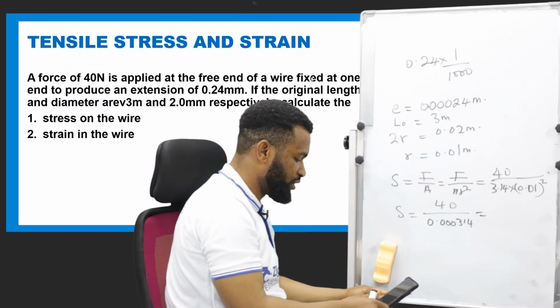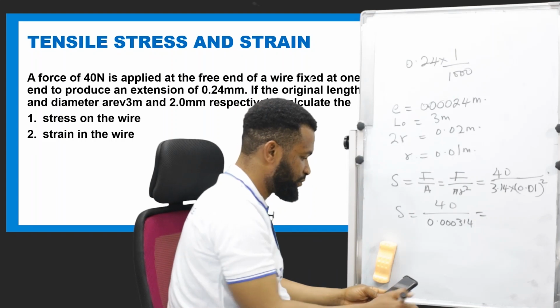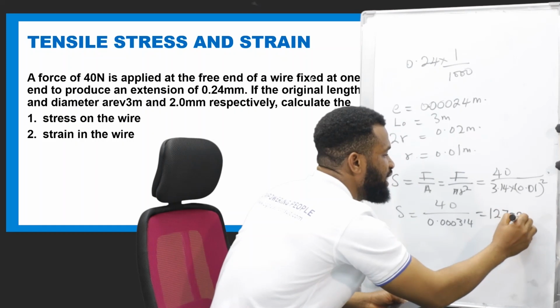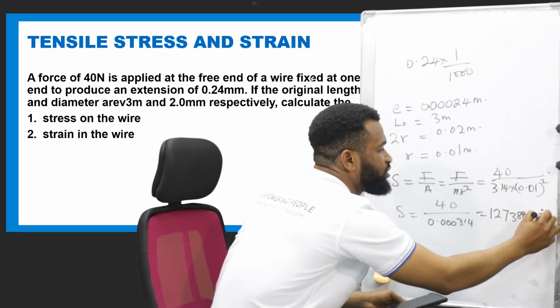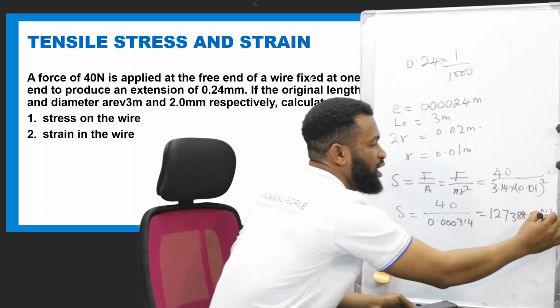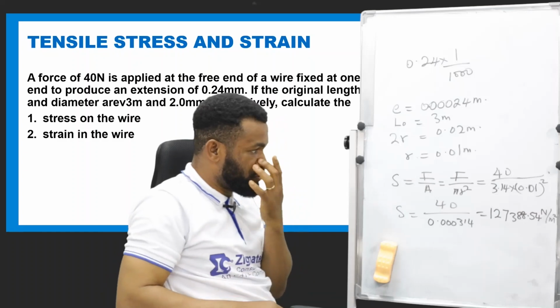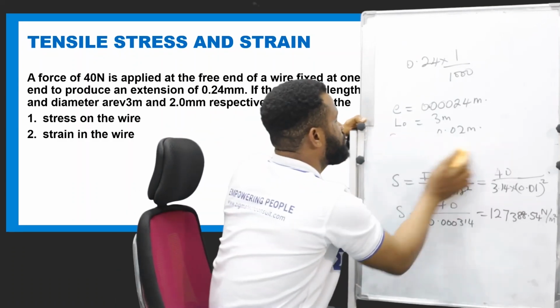So the stress is 127388.54 Newton per meter squared. So that is the stress on this question. That is for the A part. That is number 1. So let's go to number 2.